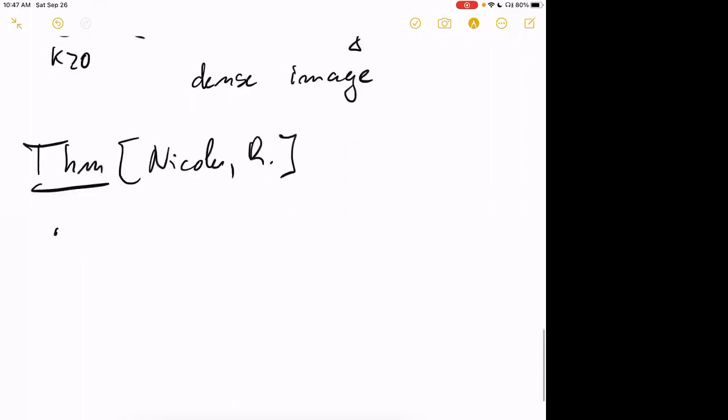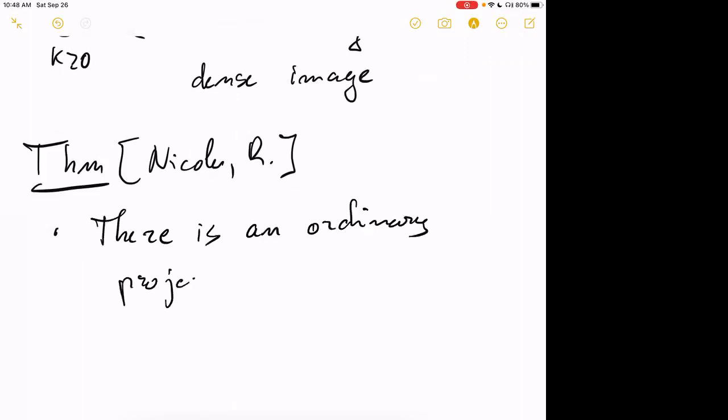There is, the first property is that there is an ordinary projector, let me call it e, which is kind of U_pi to the p^n factorial, well, the limit over n.